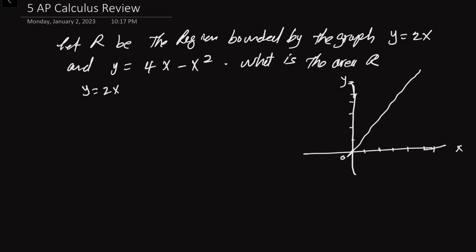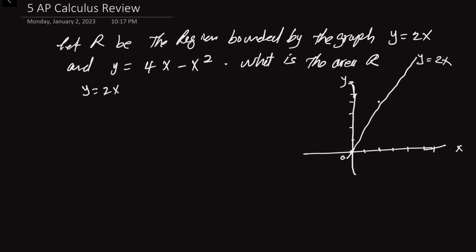So when x is 2, y is 4, and okay, so this is y equals 2x. And then the second one, when x is 0, y is 0. So that's the first intercept point between the two functions.